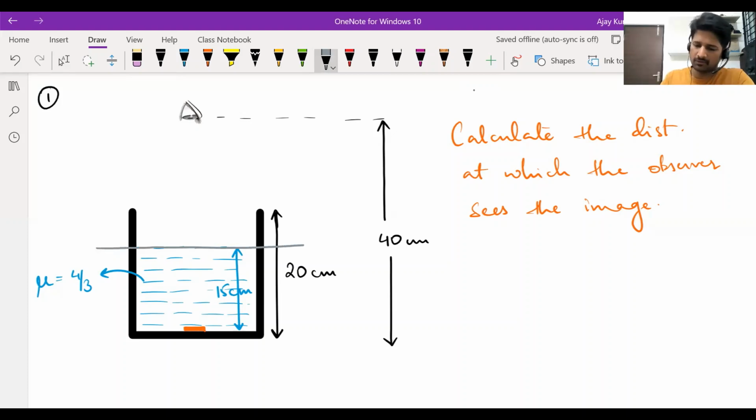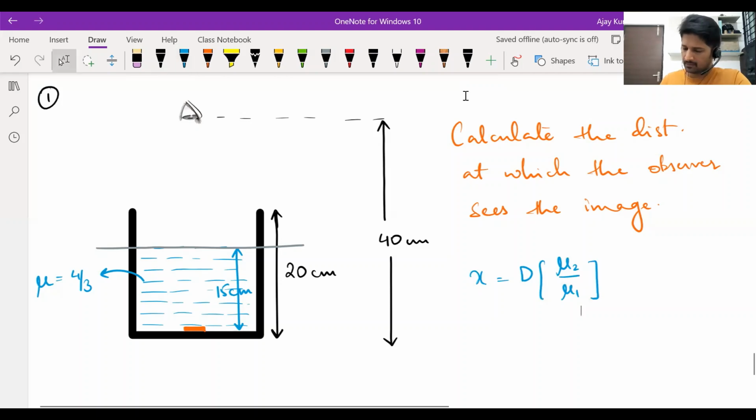If you use the formula for apparent depth, the formula is apparent depth is equal to actual depth into mu2 by mu1. Mu2 is the medium in which the observer is present. Mu1 is the medium in which the object is present. Incident rays come from the object only.